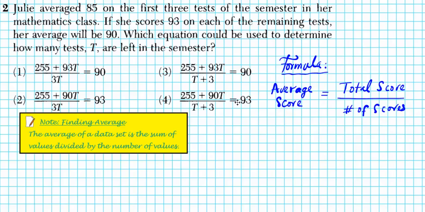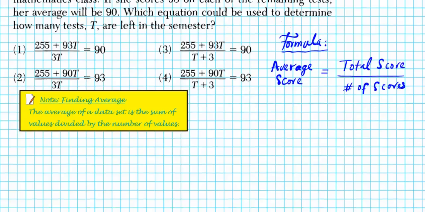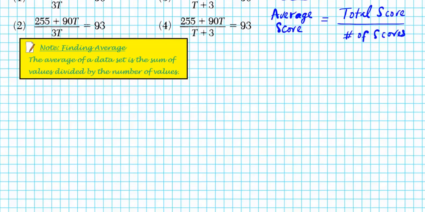Now there are two scenarios happening here. First of all, we have some information concerning the first three tests, and then we're supposed to use that to determine some information concerning all the tests in a semester. To assist us, we're going to break it down. We're going to consider the first scenario where we have just three tests, writing down some equations and carrying out some computations.